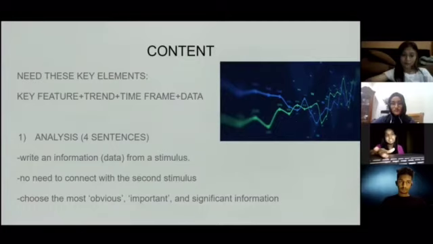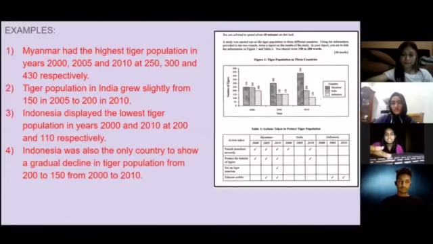For analysis, you have to write information from a stimulus. No need to connect to the second stimulus. Choose the most obvious, the most important, and significant information. For example, Myanmar has the highest tiger population in the years 2000, 2005, 2010 at 250, 300, and 430 respectively.